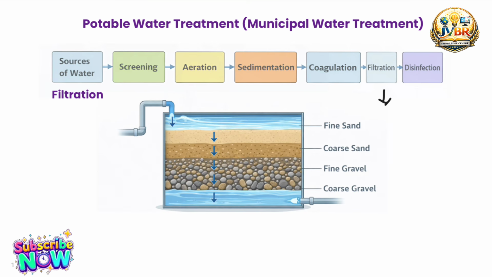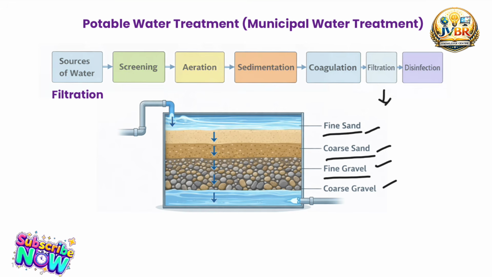Filtration. This process is carried out in a filter bed. This filter bed consists of 4 layers of sands and gravels. One is fine sand, coarse sand, fine gravel, coarse gravel.